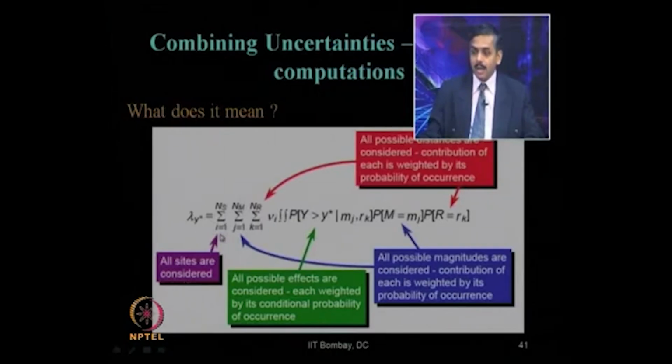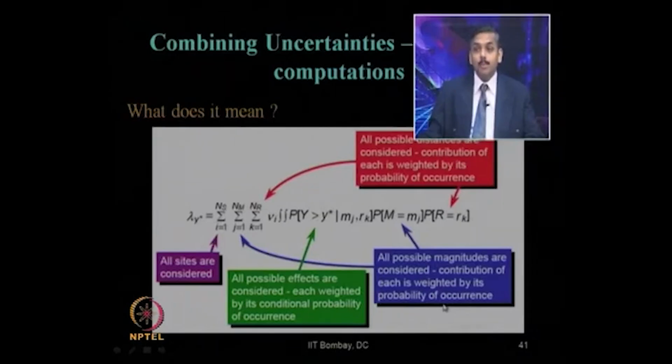This one, i ranging from 1 to ns, refers to all sites being considered. The next term, j equals 1 to nm, refers to this blue colored box: all possible magnitudes are considered. That is, the contribution of each is weighted by its probability of occurrence. None of the magnitudes we are neglecting.